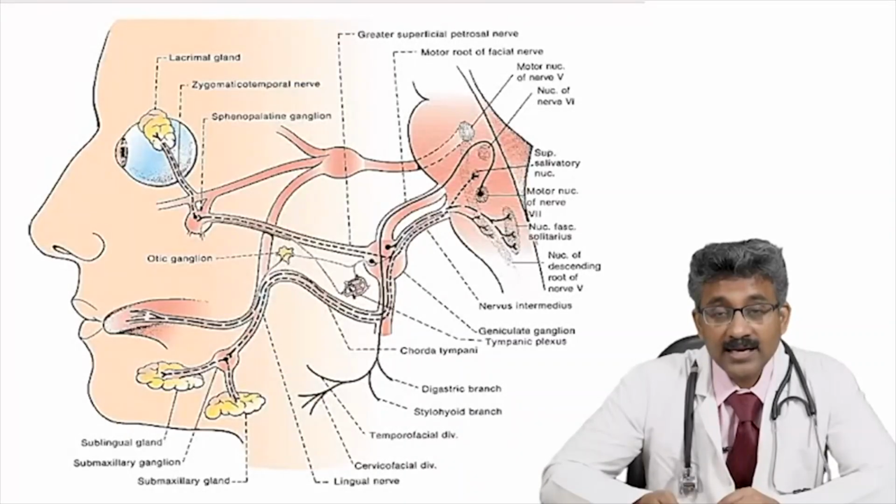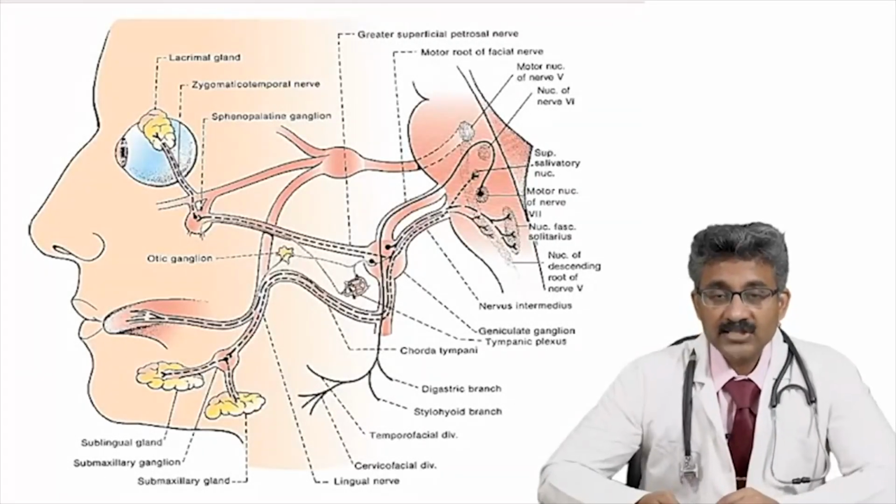Whereas if it is involved at the CP angle junction, lacrimation will be affected, there will be hyperacusis because the nerve to stapedius will be involved, and loss of taste sensation because the chorda tympani will be affected. What diseases produce CP angle junction lesions? Acoustic neuroma, cholesteatoma, meningiomas and tuberculomas can produce a CP angle mass-like lesion, producing all these clinical features in the facial nerve.